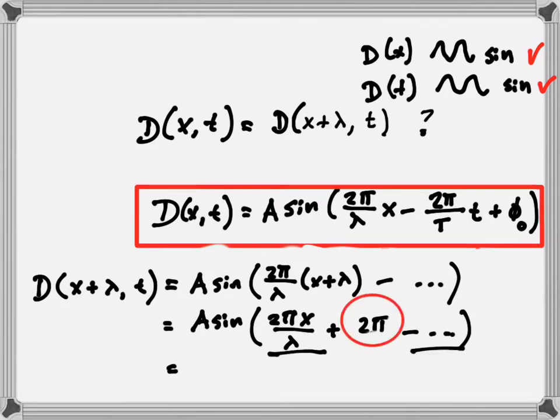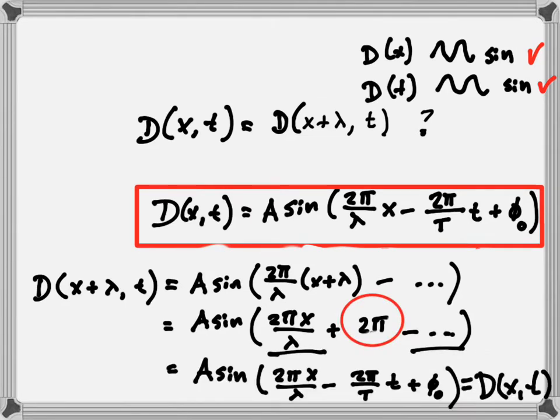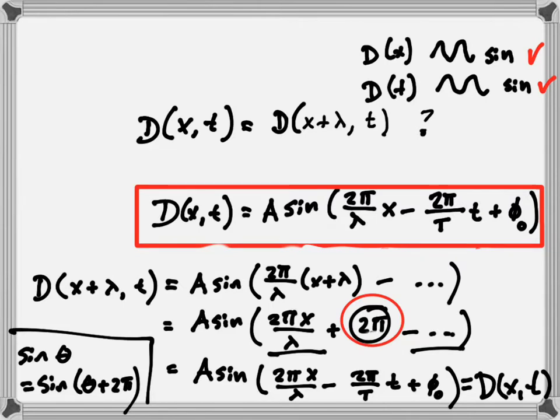We can get rid of this 2 pi and get that the displacement of the wave at x plus lambda is the same as the displacement of the wave at x. The reason we can get rid of that 2 pi is because all trigonometric functions are periodic in 2 pi. So sine, cosine, tangent, etc., they all repeat after a period of 2 pi.